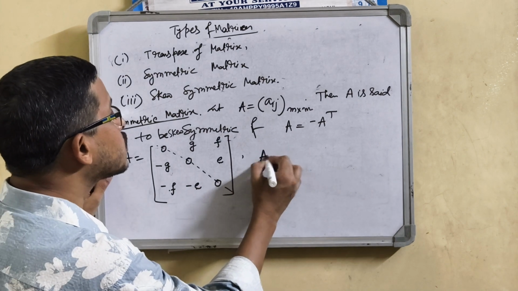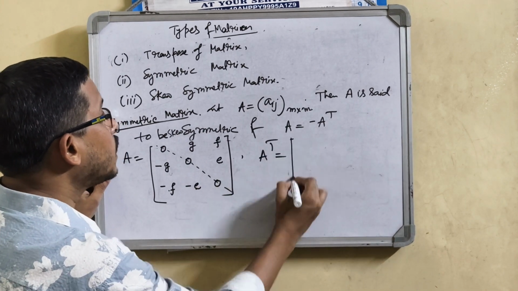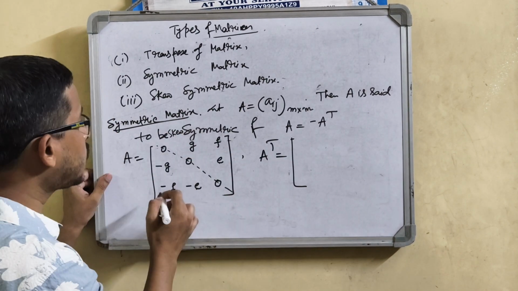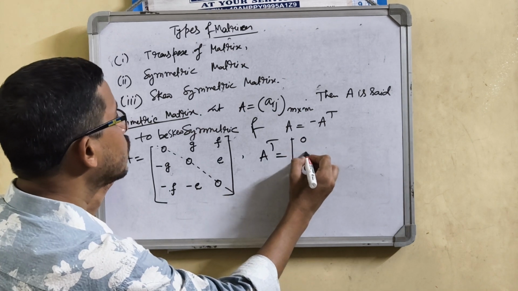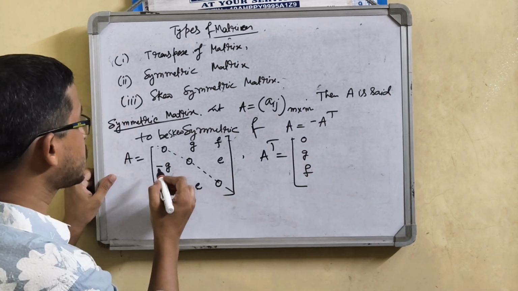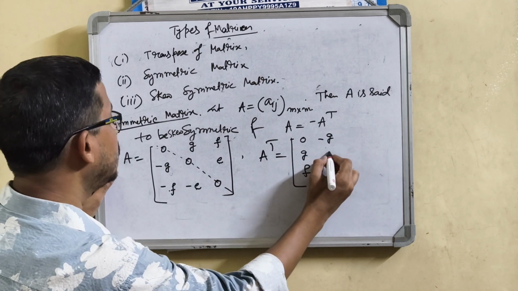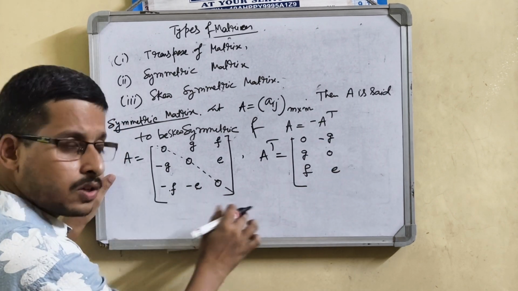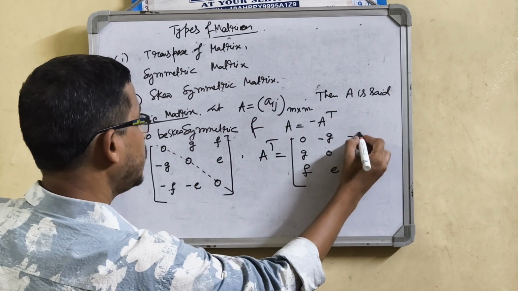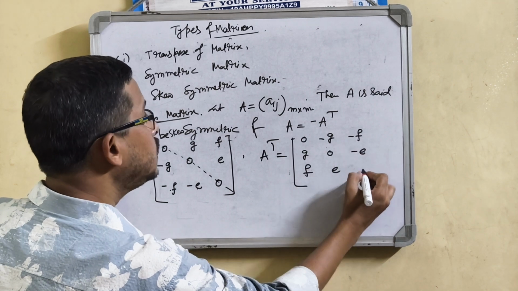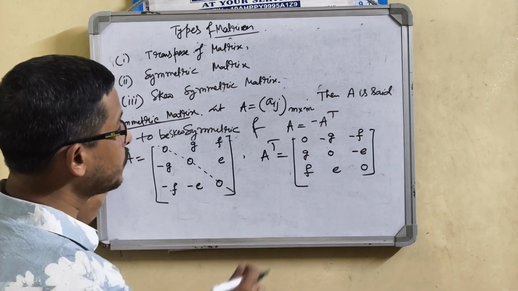Now if we take the transpose of the matrix, the first row will be the first column, that means 0, G, F. The second row will be the second column, that means minus G, 0, E, and the third row will be the third column, minus F, minus E, 0.